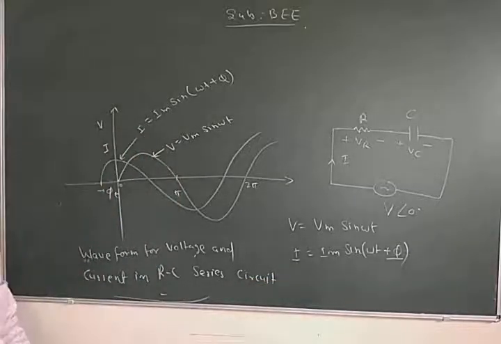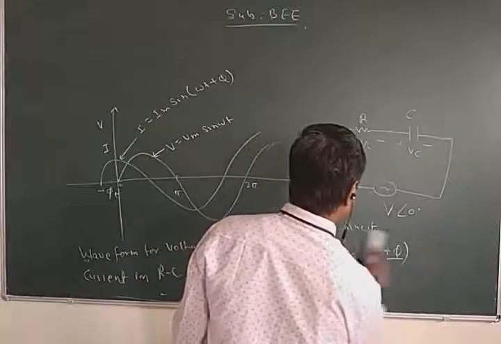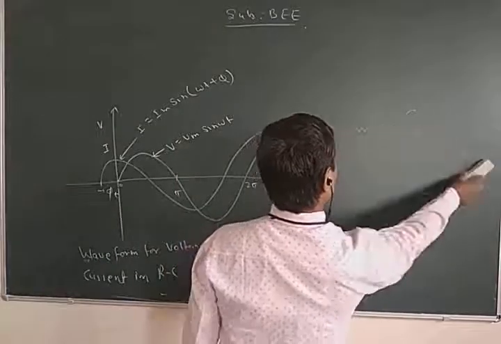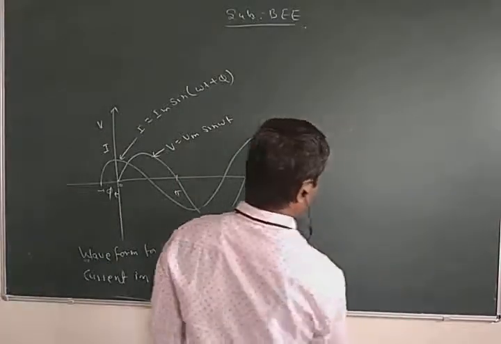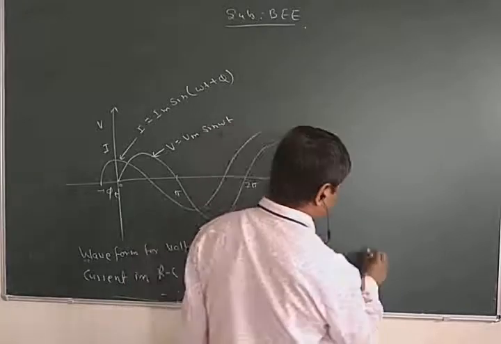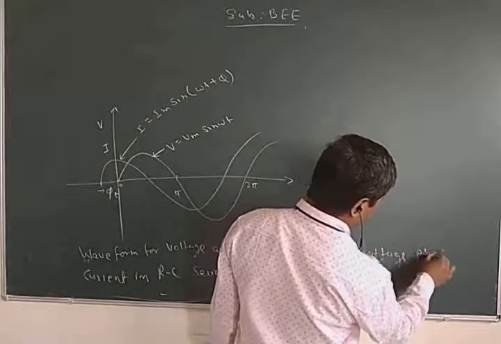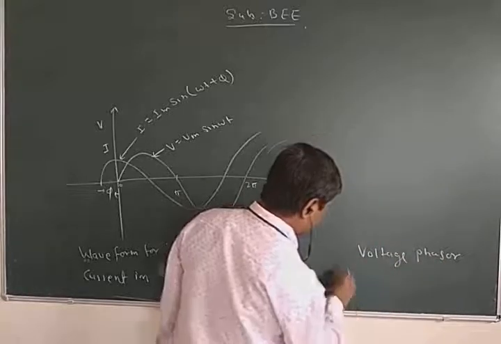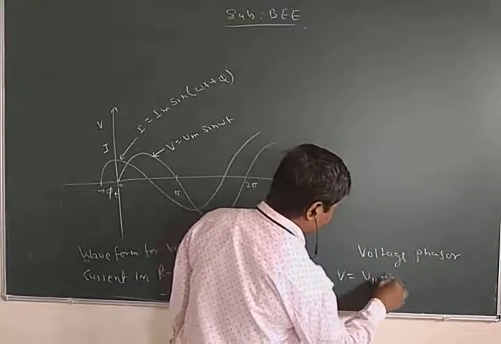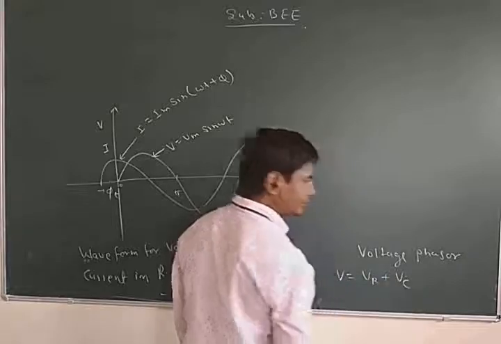Now if we draw the voltage phasor, we know that V is equal to VR plus VC.